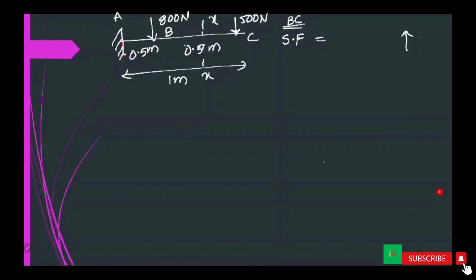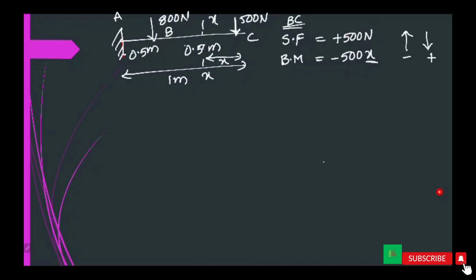We know that upward direction is negative, downward direction is positive for shear force. So, plus 500 Newton. Bending moment for BC, minus 500 into X. We don't know this length, so length X and load 500 Newtons.